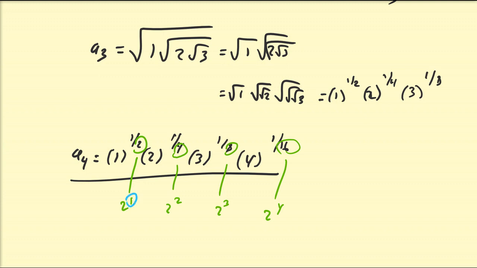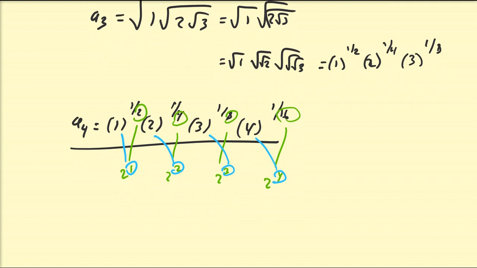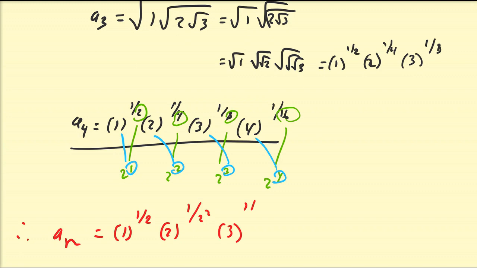Notice these exponents correspond to the number for which the base corresponds to. That's a good property. So we can say a_n is equal to 1 to the 1/2 times 2 to the 1/2 squared times 3 to the 1/2 cubed, all the way up to n to the power 1/2 to the n.